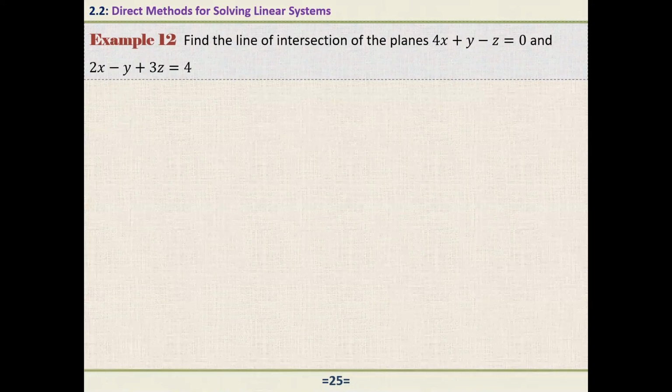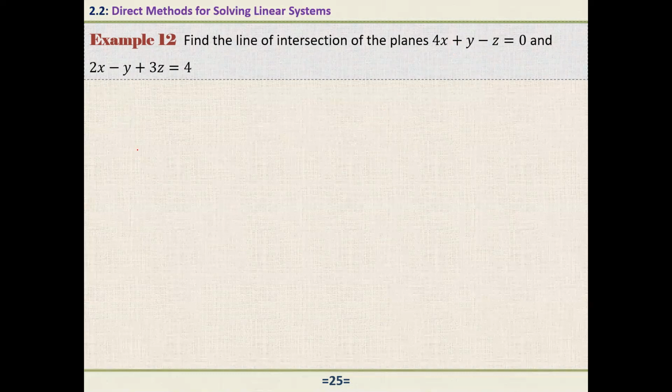To solve this one, since we need to find the line of intersection of the planes in three-dimensional space, their intersection will be a line, not a point. When two lines intersect each other, they intersect at a point, but for planes, it will be a line. If you're talking about solids, their intersection will be a plane.